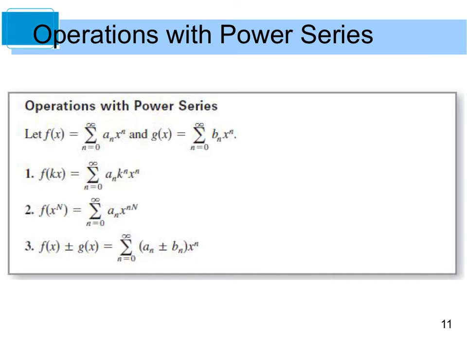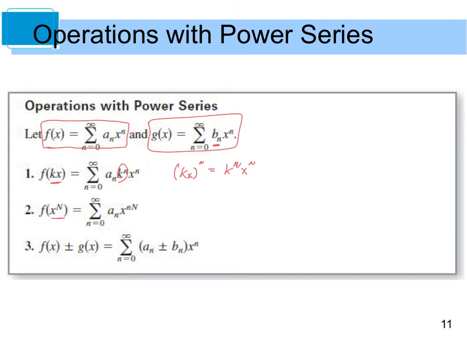Okay, so now this is just operations here. If f is represented by this sigma and g is a similar one, but it has just a different coefficient in front, and I wanted to multiply f by some constant k, then my k constant is going to be on the inside. It's going to get that power as well because I'm multiplying it by x. So you can imagine I would have kx then to that power, and then I can pass that power out to all the factors on the inside.